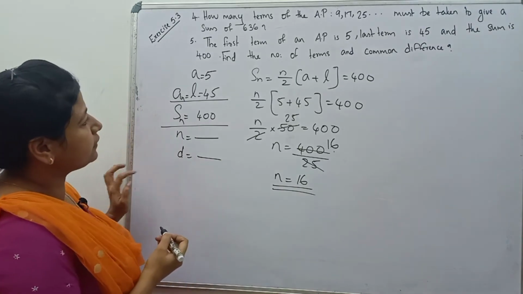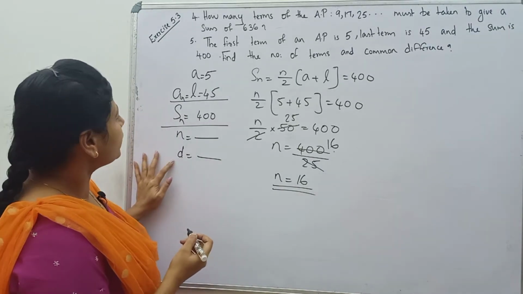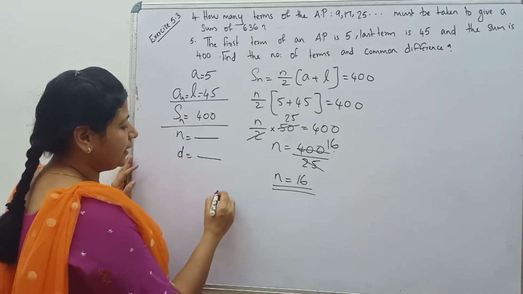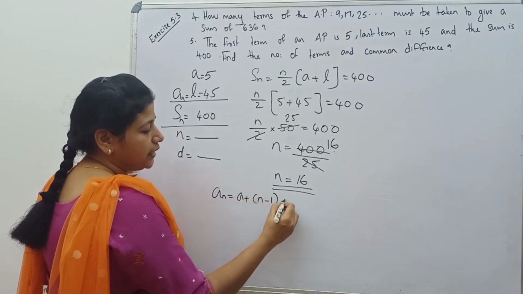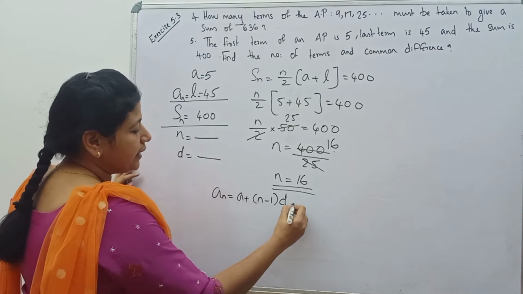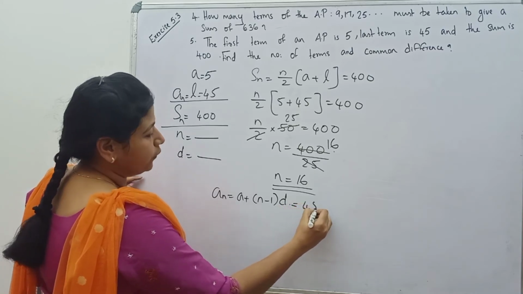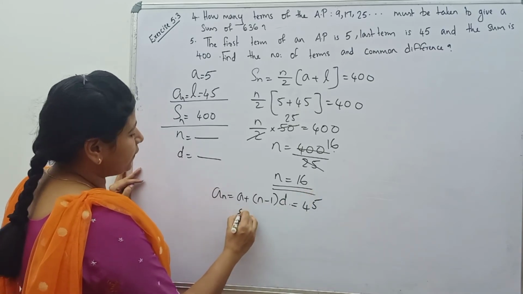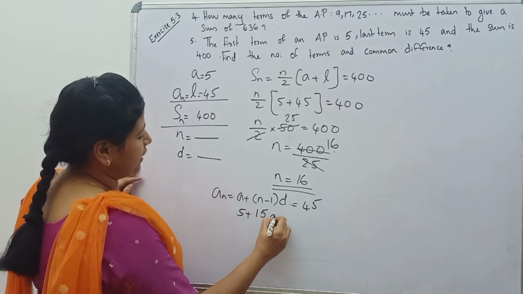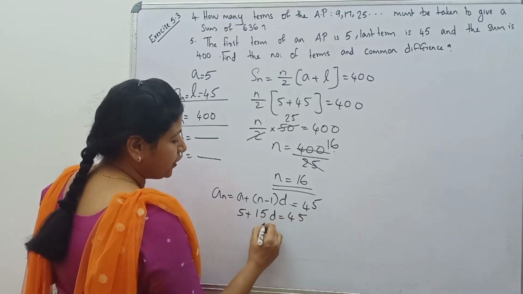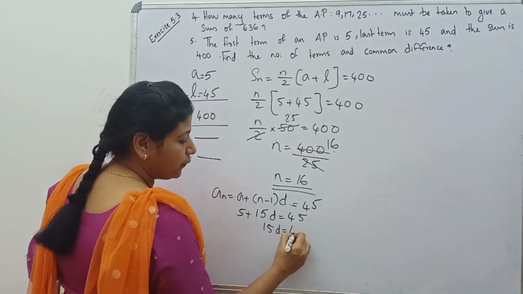Now we have to find out the common difference. For that we can use this an. An equal to a plus n minus 1 into d equal to what? 45. And a is 5 plus n is 16. 16 minus 1, 15. 15 into d is 45. So 15d equal to 45.